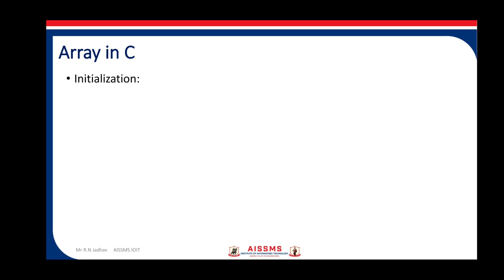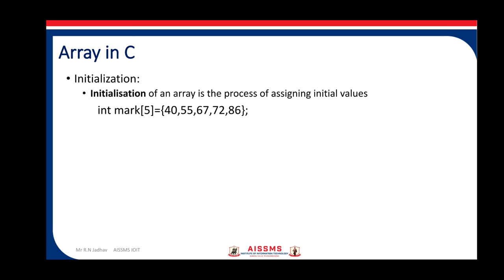So, initialization of an array. Initialization of an array is the process of assigning values to the memory locations. So this will be the example. Here I have declared the array marks of size 5 and I have also initialized the values of that array.